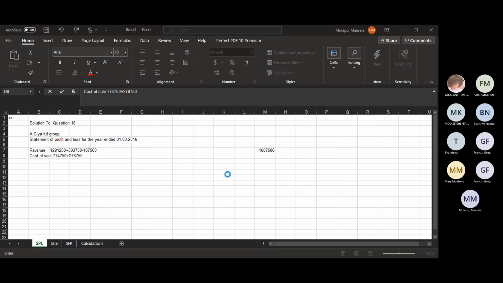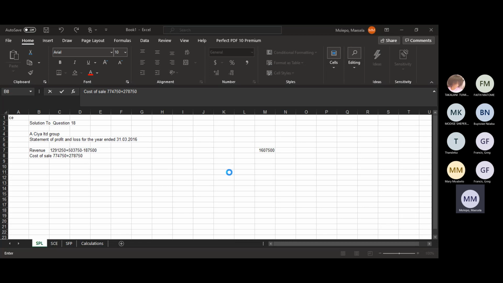If you are selling something to me, it means I am purchasing. And since we are in the intra-group, whatever purchases and sales are intra-group need to be eliminated.